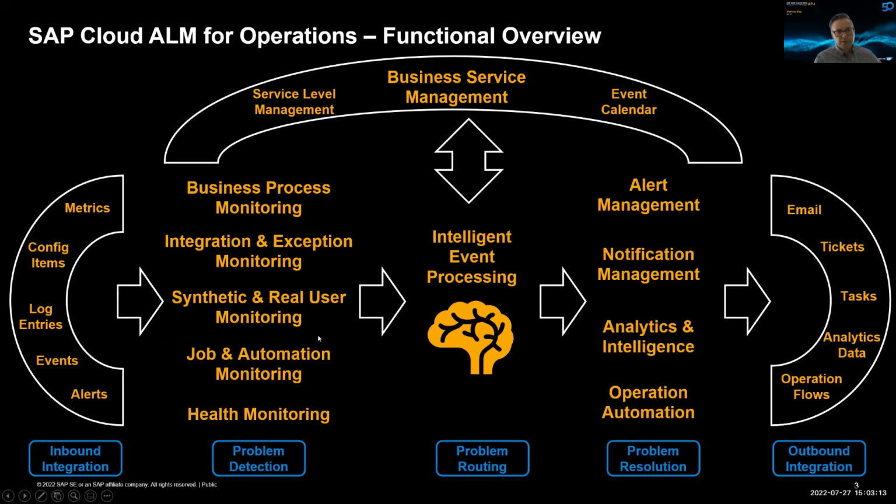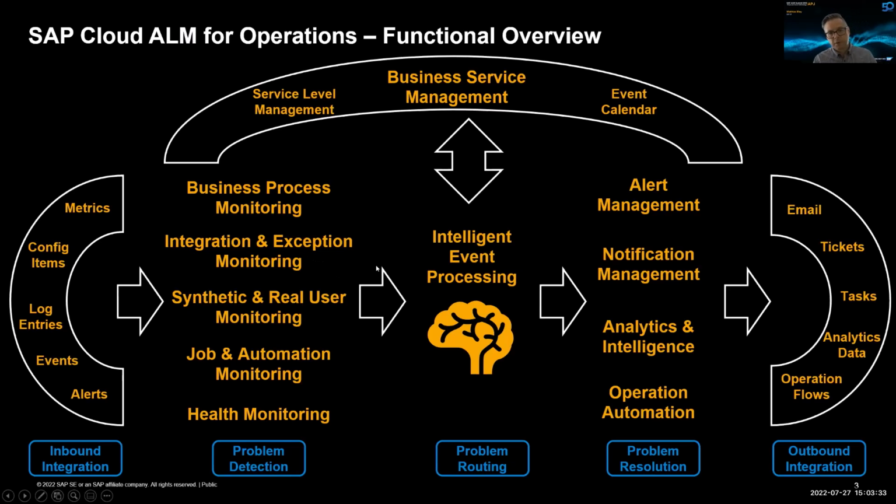We have monitoring use cases which collect data, so we have business process monitoring, integration exception monitoring, synthetic user monitoring, and you see here we have health monitoring. So this is one part I will talk about, and then we have the monitoring use cases collecting metrics.